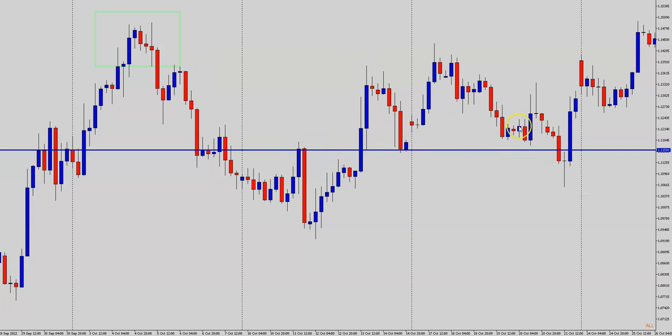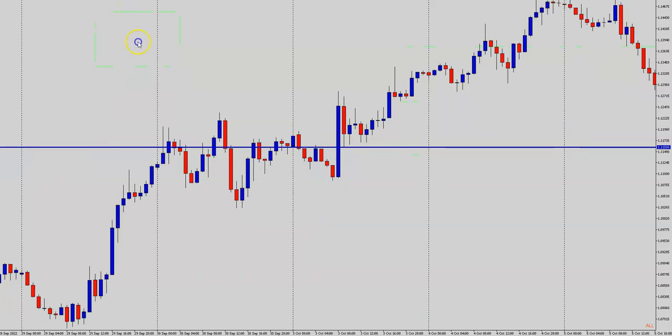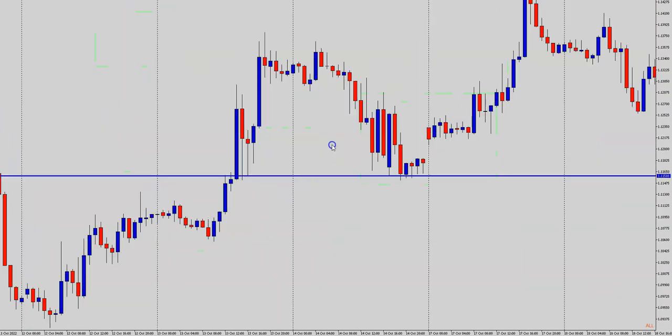We're on the 4-hour chart currently on pound dollar. If we highlight this area just to get a better understanding of what's going on, let's drop down to the hourly chart. So here is the last hourly candle.